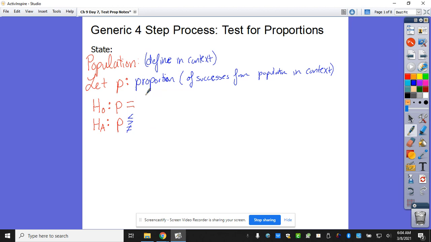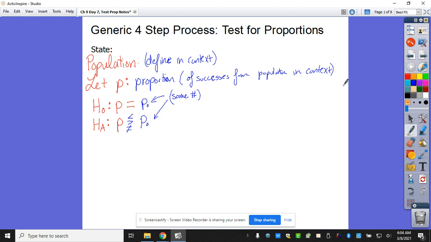And then what goes here is P naught, which is whatever that initial number value is. So it's called P naught, but it's just some number. We dealt with this with means, and you really didn't think about it with means, but you will have to think about it with proportions.